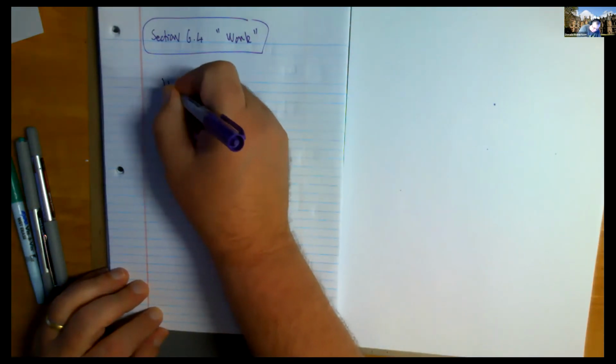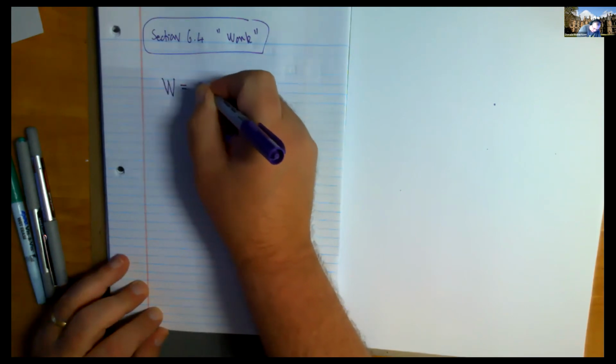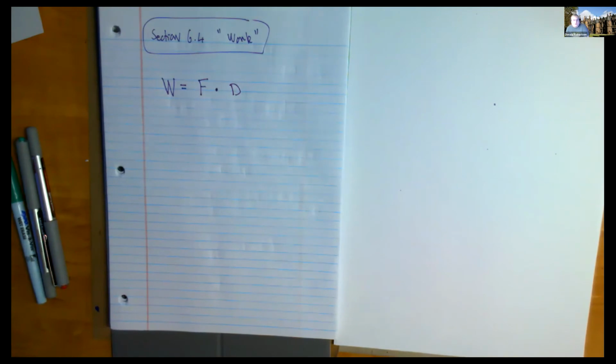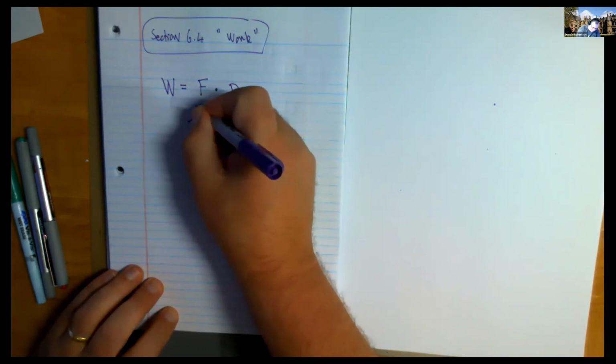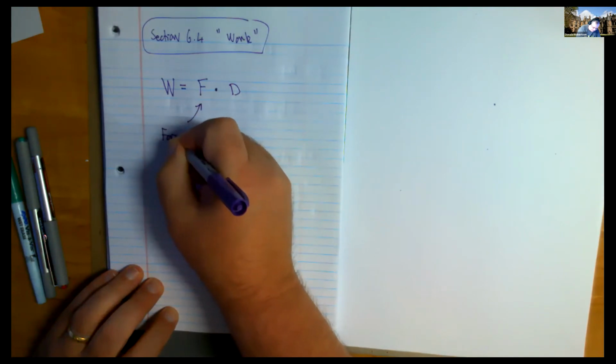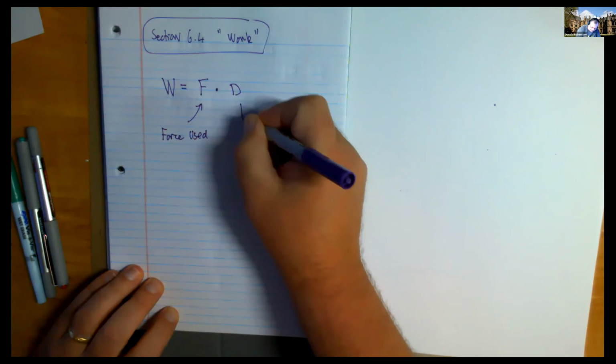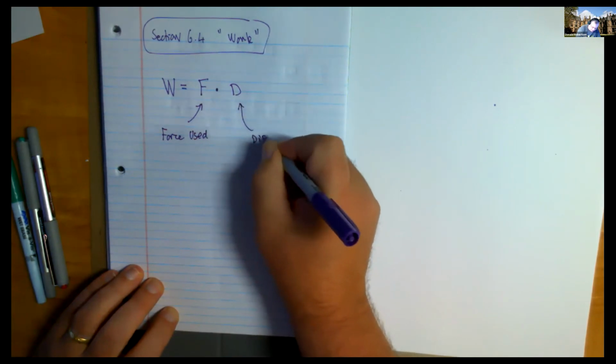Now the general formula is that work is made up of a simple formula: force times distance. F is the force used, and D is the distance.